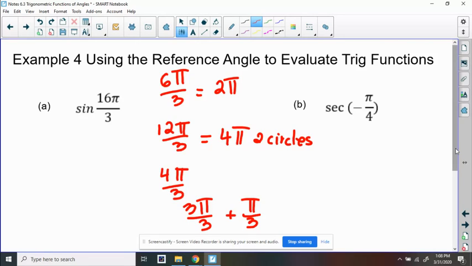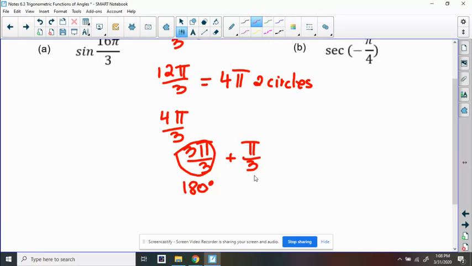This is 180 degrees, if you recall, half circle. And then we just have to go pi over 3 more. So we go 2 circles, then half a circle, and then pi over 3 more.